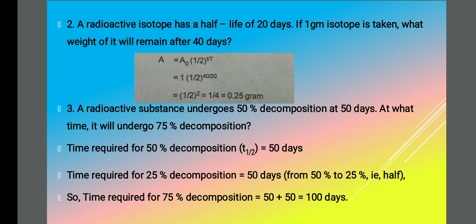So 1 into 1 by 2 the whole power t, where t is the current time, which is 40 days. After 40 days, we have to calculate. So 40 divided by the half-life period, capital T, which is 20. If you substitute the values, you get 1 by 2 the whole power 2, which is 1 by 4, and your answer is 0.25 gram. Is it clear?